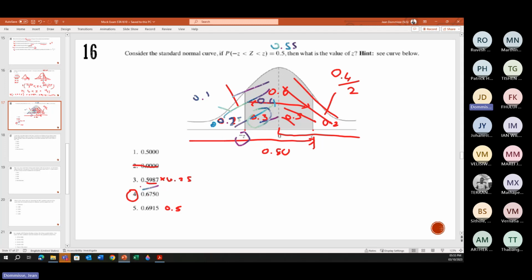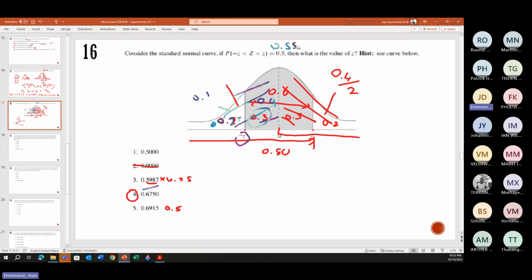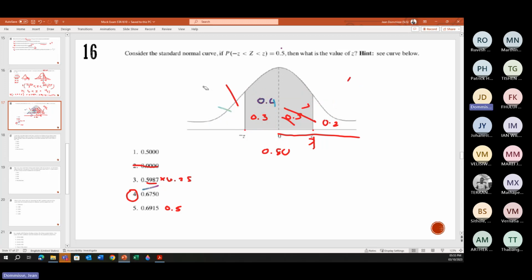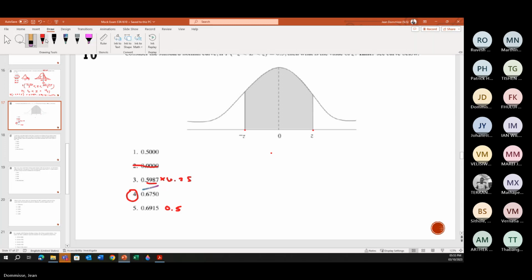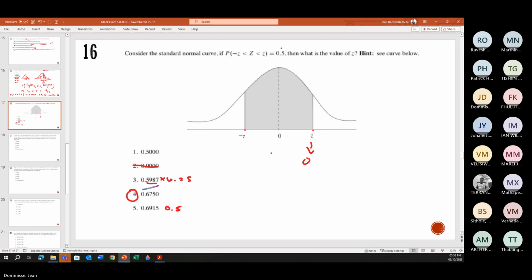So also very important is what I would also look out for, and it didn't happen now with this one, but what they could ask. Remember that Z, whatever that positive value is for Z, in this instance it was 0.675.